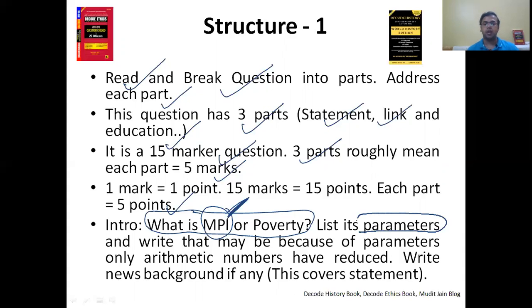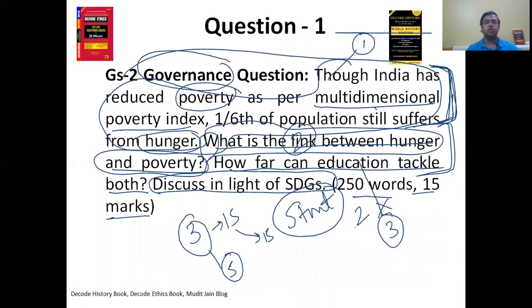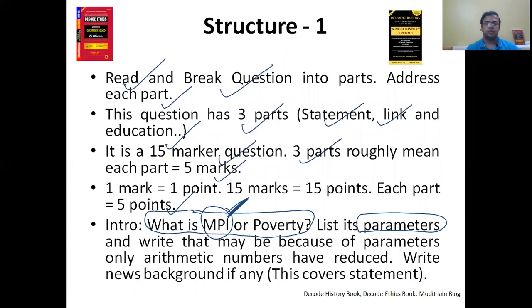If you write the parameters of MPI, then only you can say that perhaps poverty has reduced because of the parameters of MPI. The sheer numbers have reduced because of the parameters of MPI, but poverty as such has not ended. So you have to be smart about what you pick to define, because you can also mention facts.